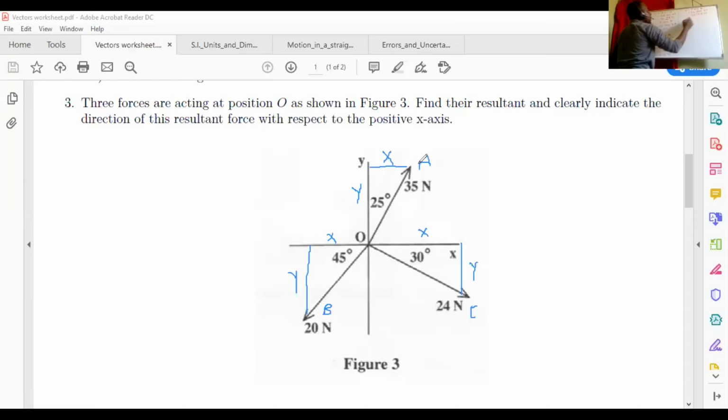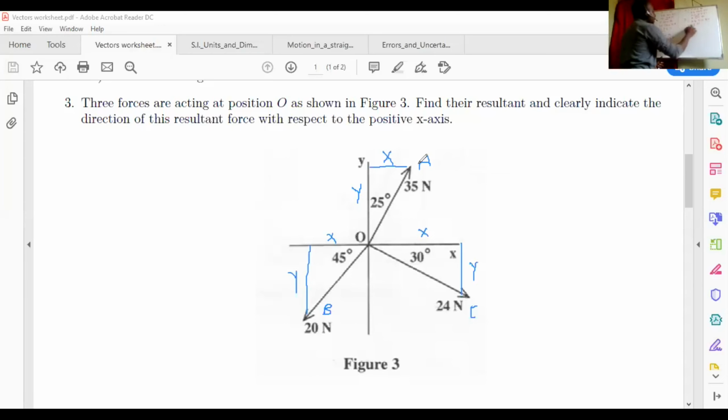And then the Y would be F sine theta, 24 sine 30, which is 12. So your X is positive because it's going to the right, Y is negative because it's going down. Alright, so we have those as our vectors.